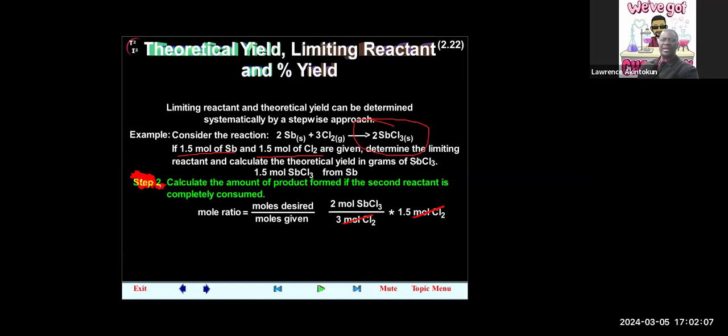Remember, in our grams to grams calculations, this is what we did. So we're now applying our knowledge of grams to grams to the theoretical yield, limiting reactant, and percent yield this time around. This equals 1 mole SbCl3.